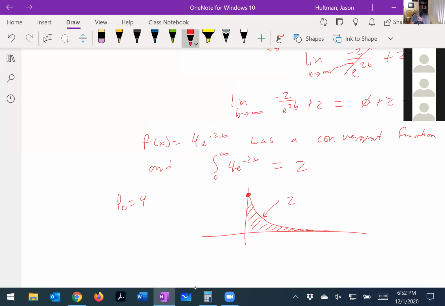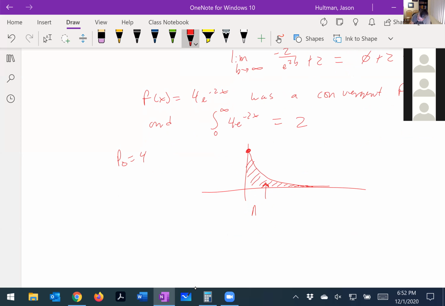Well, the area converges to 2. The area under this curve is equal to 2. Okay, that area will be equal to 2. Even though it goes off to infinity, this stuff over here doesn't matter, because basically you're adding on 0.0000000000001.